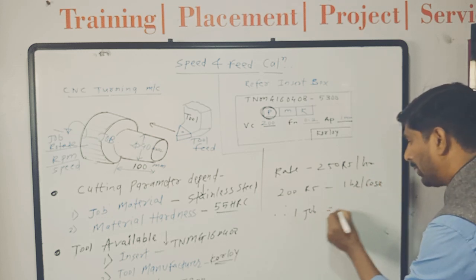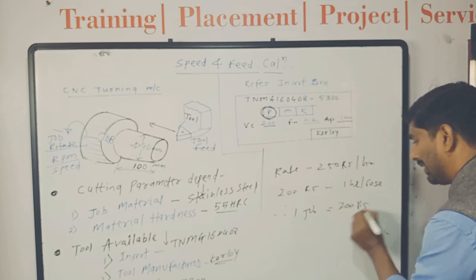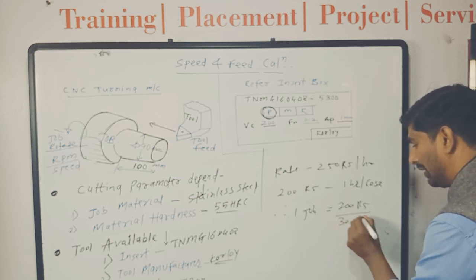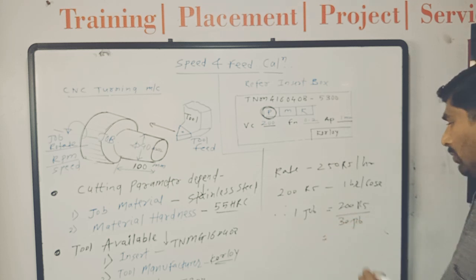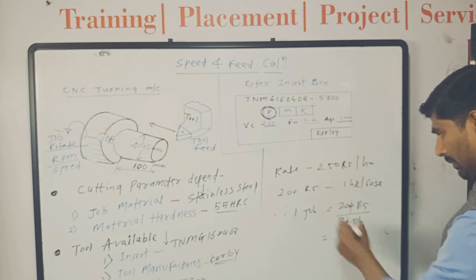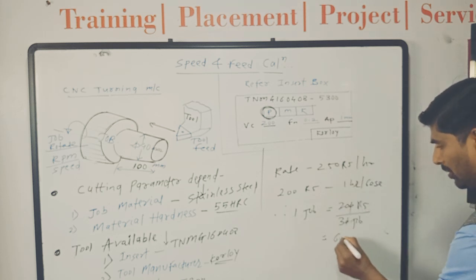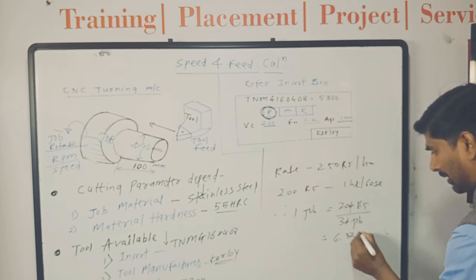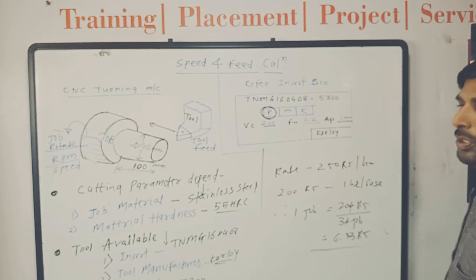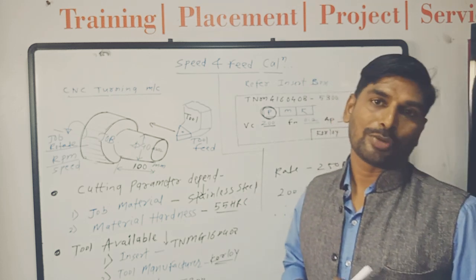So you have to divide 200 by 30 jobs. Again it comes around 6 rupees something, suppose 33 paise. Around 6 rupees will be the cost of that job.